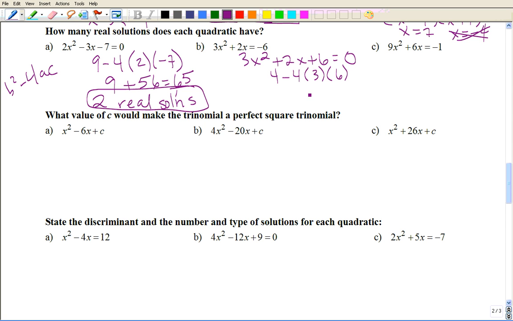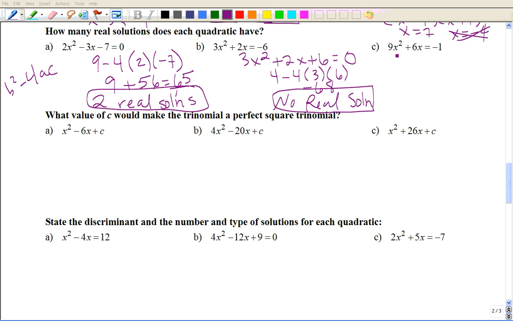So b squared minus 4ac here equals -68. And whenever it's negative, that means we have no real solutions. Remember, think about that discriminant being underneath the radical, the square root in the quadratic formula. If it were negative, we'd have an i, so it'd end up being imaginary, not real.